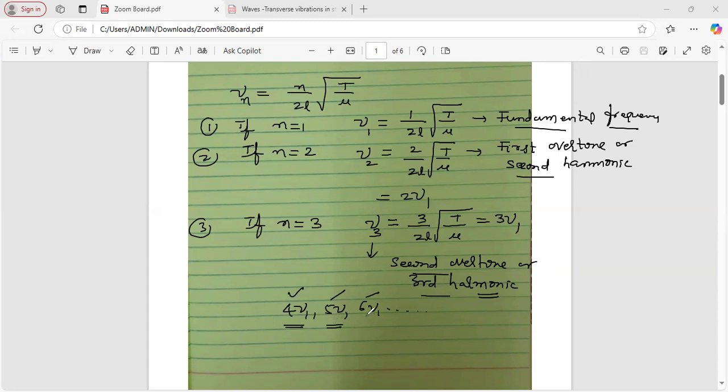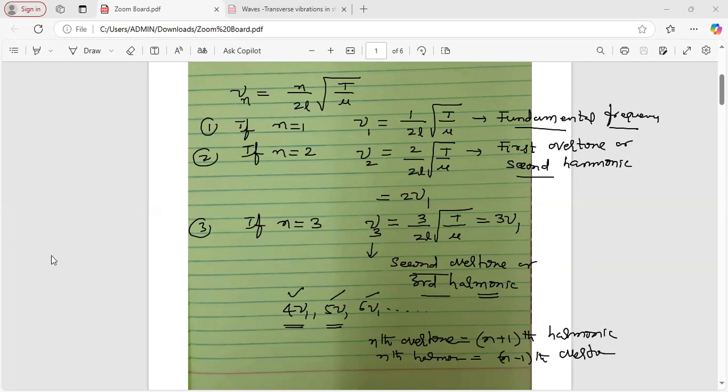Generally, the nth overtone is equal to the (n plus 1)th harmonic, or the nth harmonic is equal to the (n minus 1)th overtone. Clear?